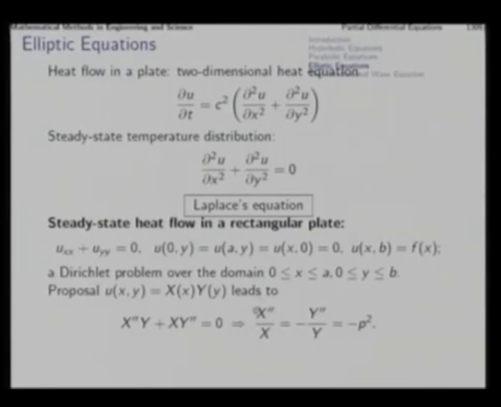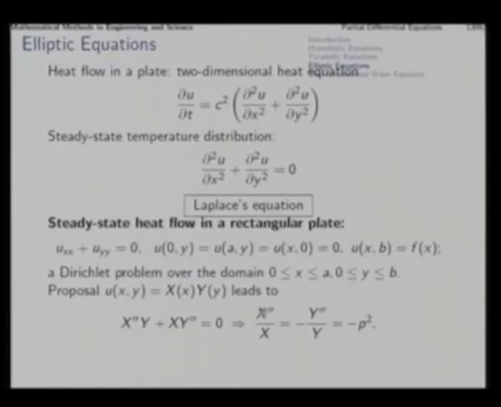This is dependent only on x, this is dependent only on y, and then we equate it to a constant. Why negative in this case? Because we want the x equation to have a periodic solution, that is, starting from 0 it should come back to 0, because at x equal to 0 and x equal to a, the value is 0. For y, such a condition is not there.